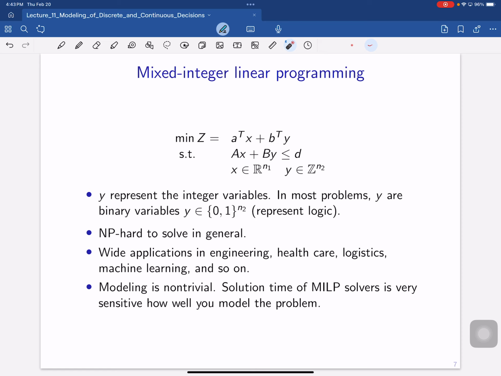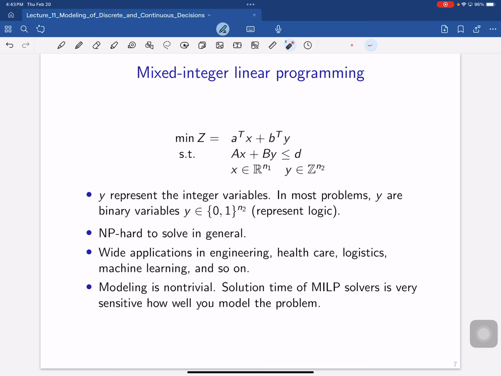If you have a general integer variable, let's say the number of apples you consume can be between 0 to 10, and you solve the linear program and do a very simple rounding, for example, the linear program gives you 5.3 apples and you round it to 5, the solution wouldn't be too different from enforcing the integer. Because it's from 0 to 10, the error from rounding is relatively small.